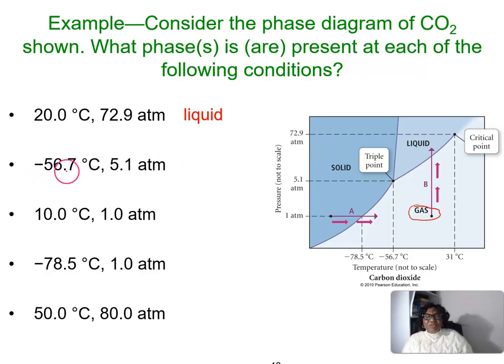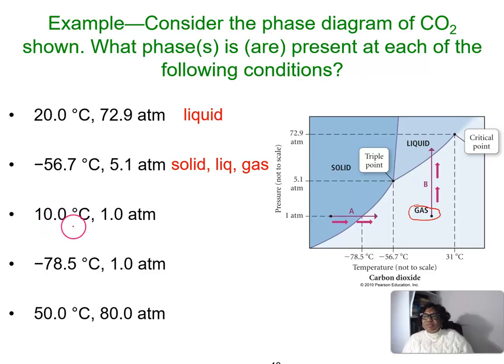So at 56.7 degrees Celsius and 5.1 atmosphere, you see we have the triple point. At the triple point, we have the solid, liquid, and gas phase. Make sure you mention it.